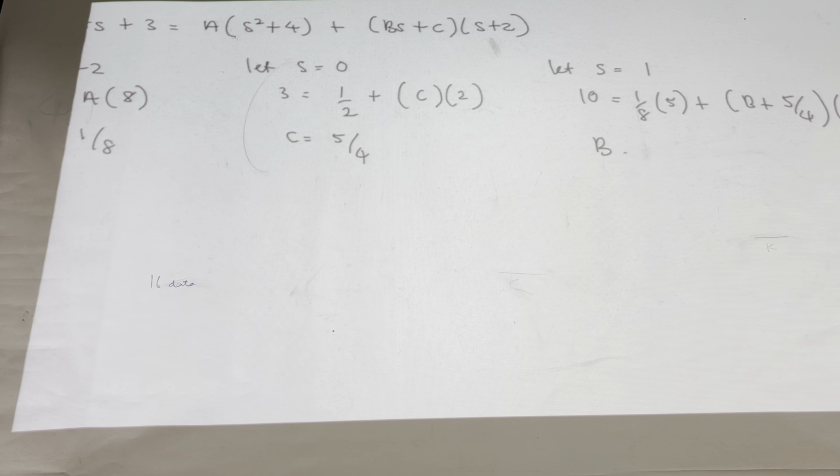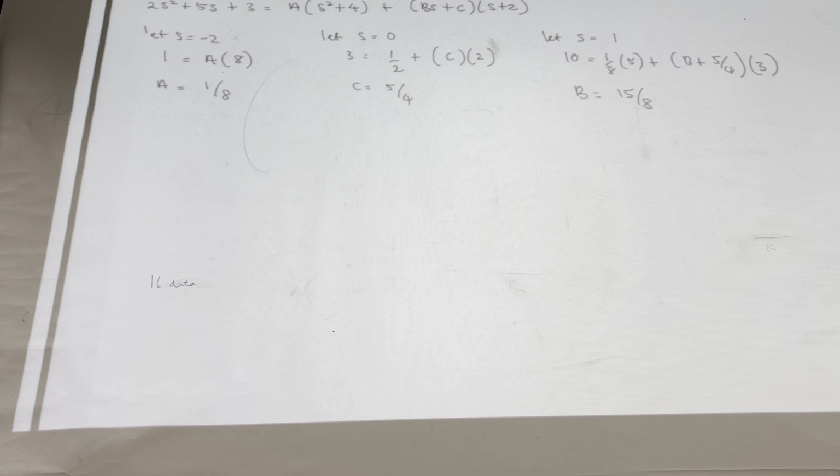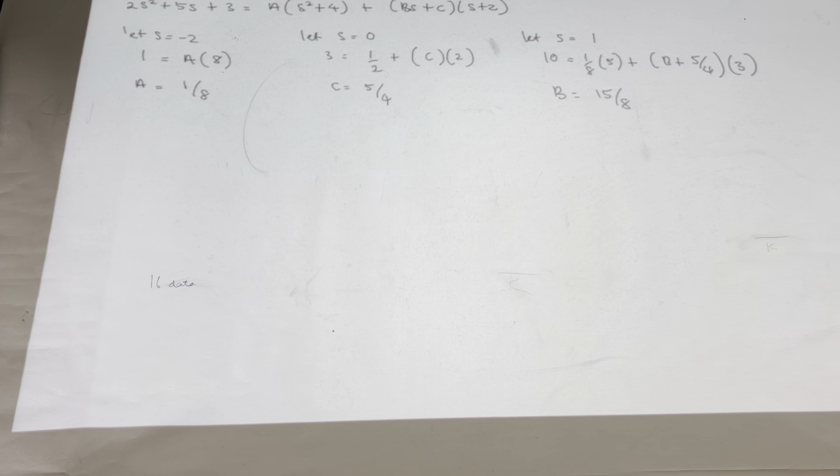Okay, so for B, 15/8. Correct? Correct. Check, okay. So A is 1/8, B is 15/8, C is 5/4.